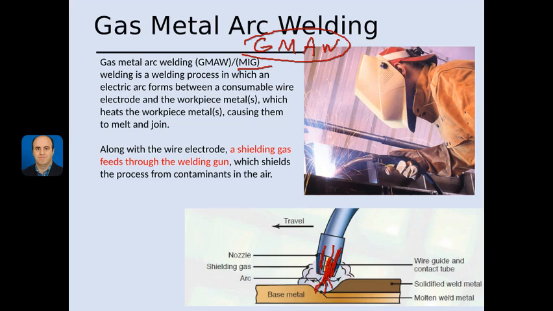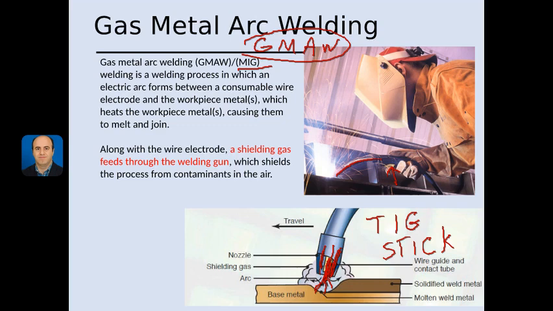So this process is much easier than TIG and stick, because you just need to push a trigger over here, as you see, and the wire comes here, and the wire is going to be melted. You just need to carry the gun.